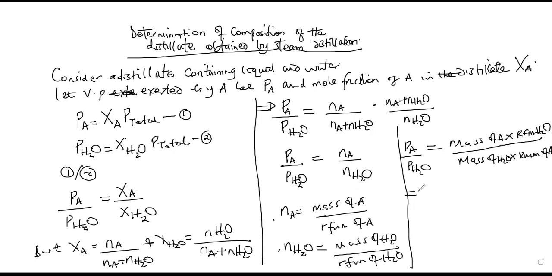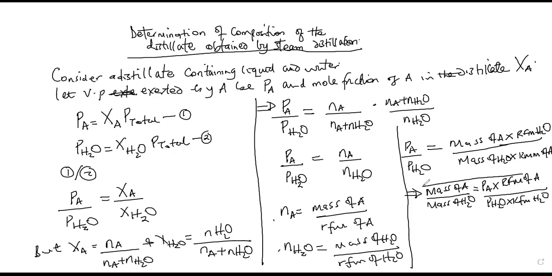So we shall end up with mass of A over mass of water is equal to the vapor pressure of A times the relative formula mass of A, over the partial pressure of water times its relative formula mass.